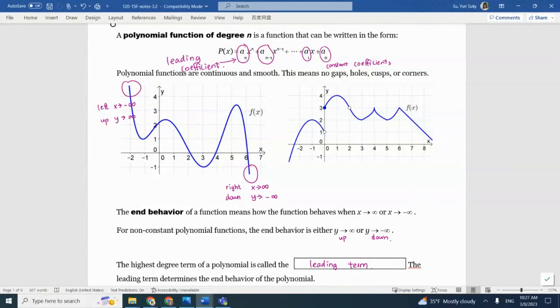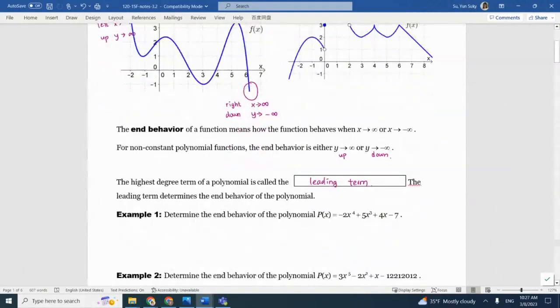So some terminology. It's the highest power, that's the degree of the polynomial. The highest power term is called the leading term. The coefficient is called the leading coefficient. Okay, everybody? All right. Now, determine the end behavior of the following polynomial.